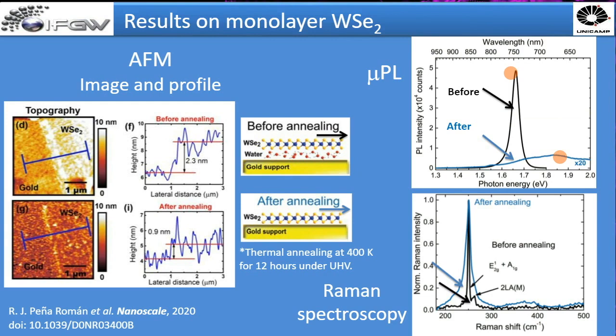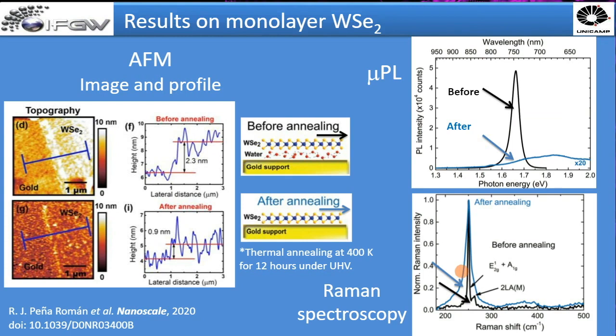So we lost basically all the light that it was emitting, and we also saw on the Raman spectra the signature that the sample is in fact a monolayer, which is the 2LA(M) peak on the Raman spectrum. But after annealing we also lost that peak, which is the blue curve.